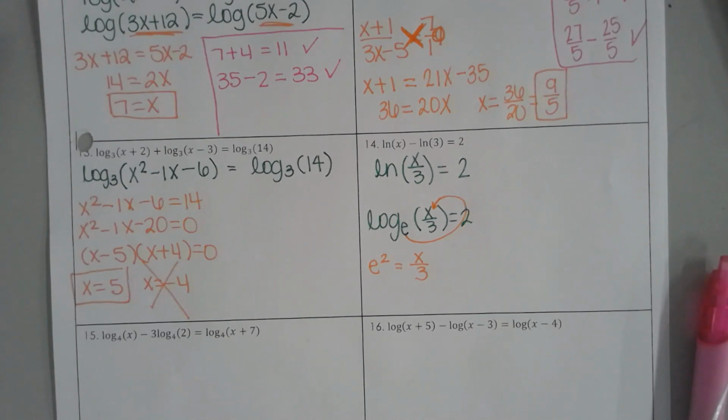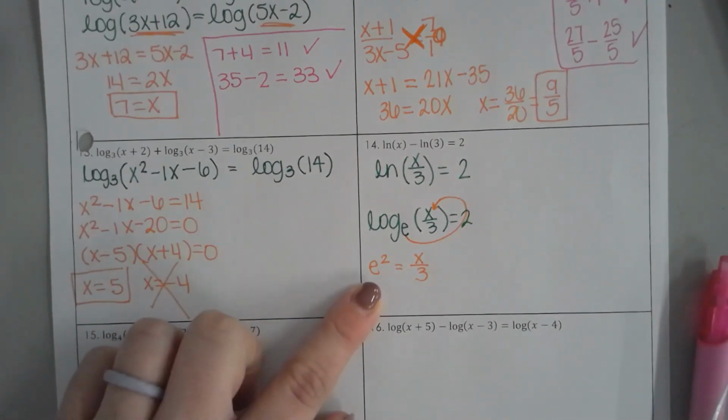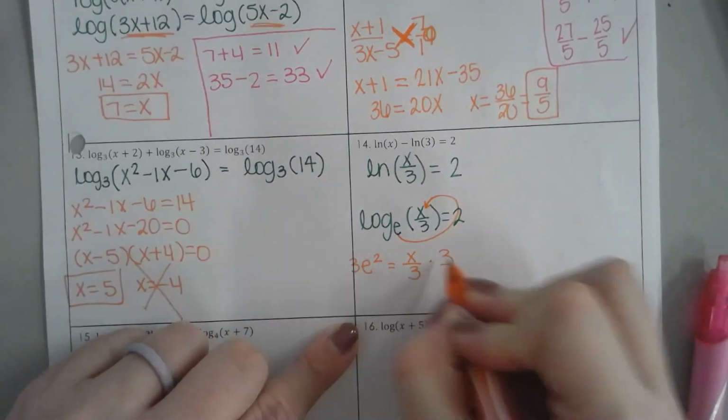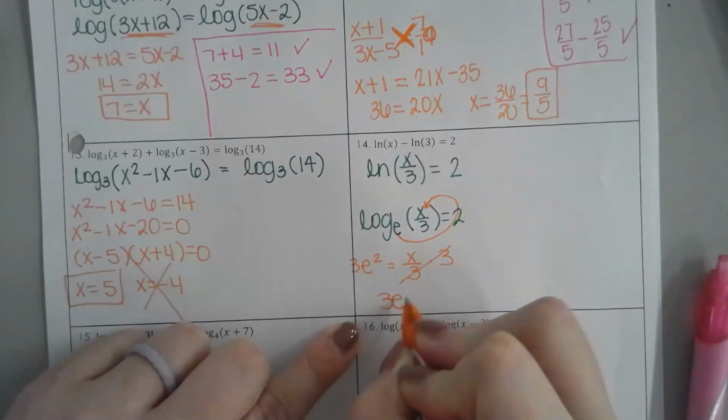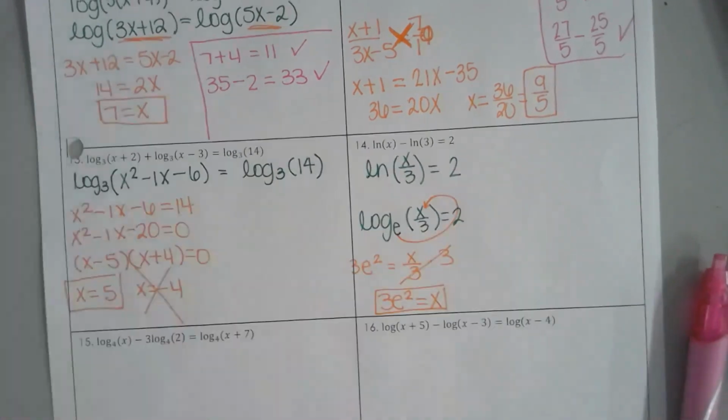And how am I going to get x by itself? Multiply by 3. E squared is a decimal. You just leave it. So if I multiply both sides by 3, I get 3e squared equals x.